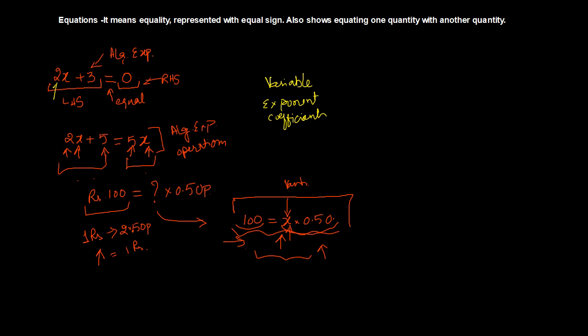We have a coefficient here, this is a variable, that's a constant, and on top of that, the exponent. This has power 1, so that is the exponent. These are the main things that an equation is supposed to have.